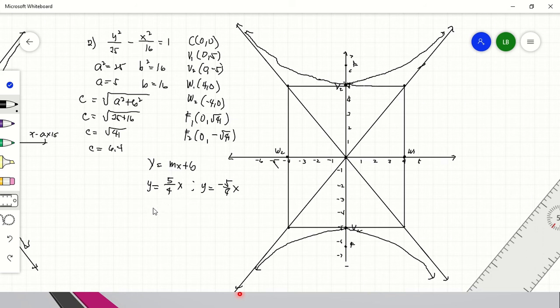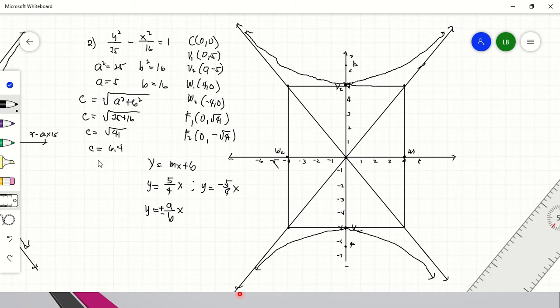Meaning, the equation of the asymptotes is a over b x, plus or minus, since this is our a, and this is our b.